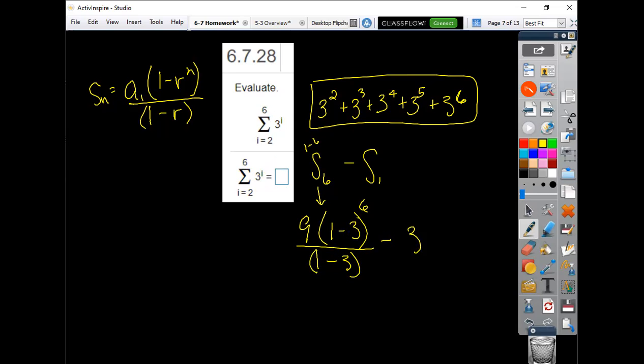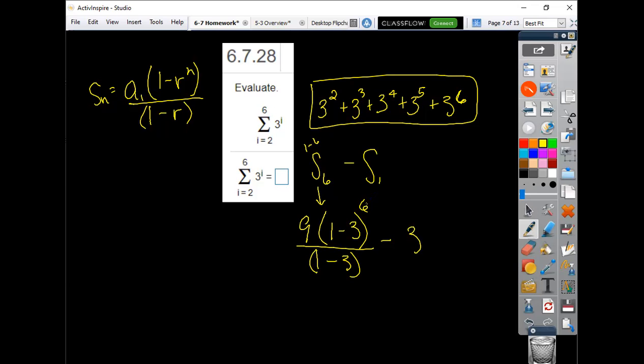Because this 3 to the 6th part gets a little big, divided by that negative 2. But I'm just going to grab a calculator here and do this. I'm going to make a fraction first. In the numerator, I have my 9, and then parentheses 1 minus 3 to the 6th.